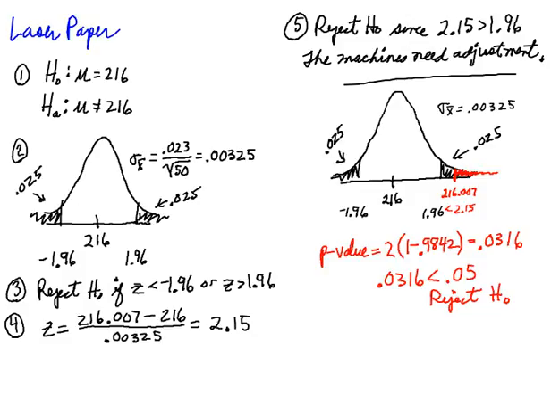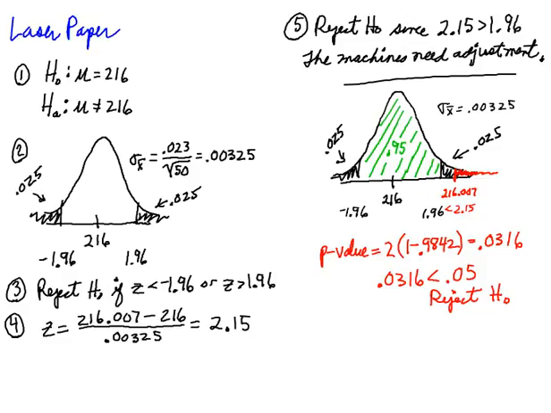If H sub 0 is true, only 5% of the sample averages that we would get from samples of size 50 are beyond these two lines. 95% of the sample averages are inside of these two lines, so I'm going to go ahead and put that in green. 95% of the sample averages are inside our two decision lines if the null is true. So if H sub 0 were true, there is a 95% chance of getting a value inside of these lines and a 5% chance of getting a value outside of these lines.